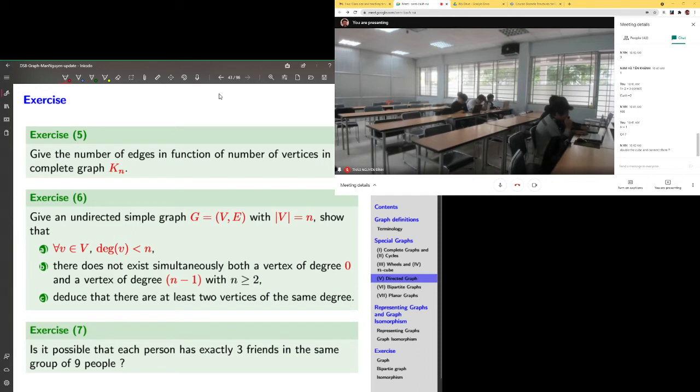This assumption tells you that the graph must be undirected, because you say if A knows B, then we conclude B knows A. So we don't have a direction here. We have an undirected graph for this case.